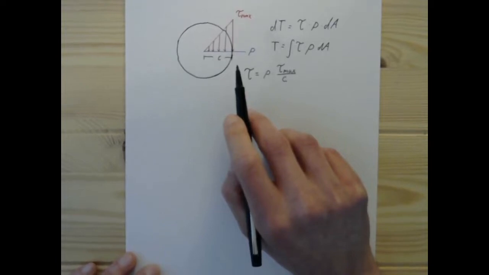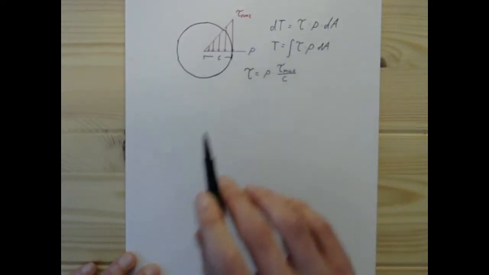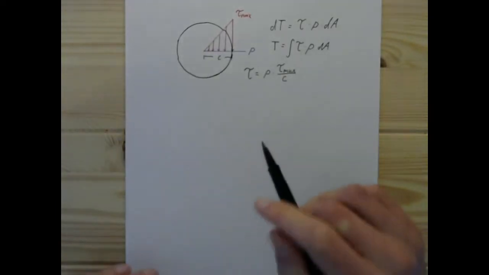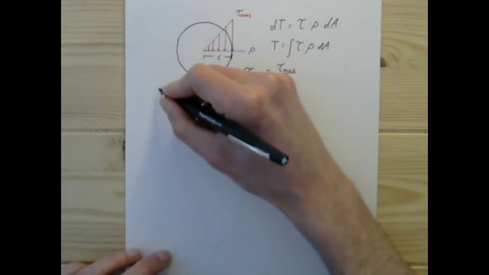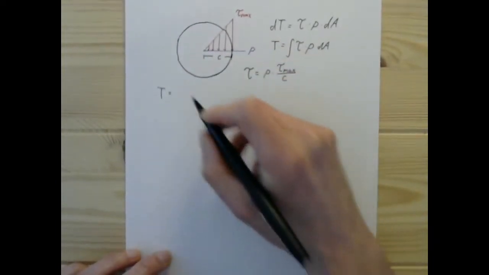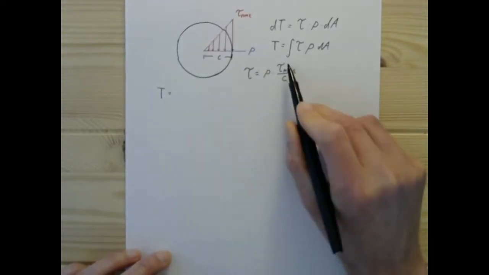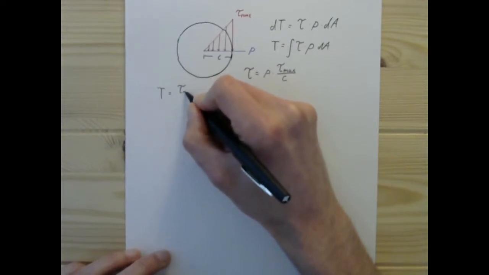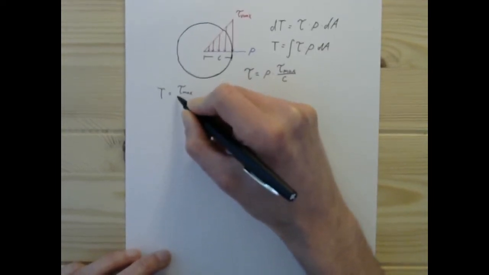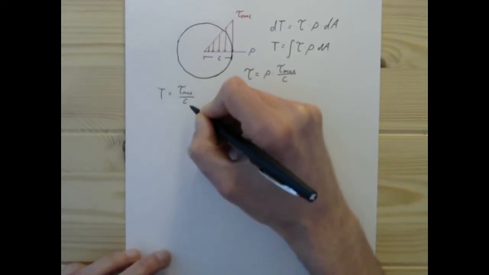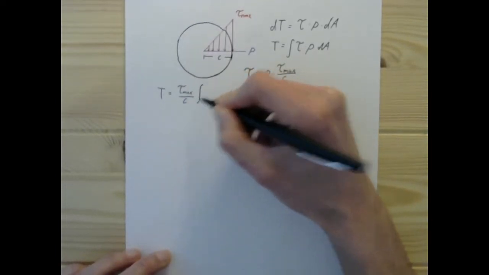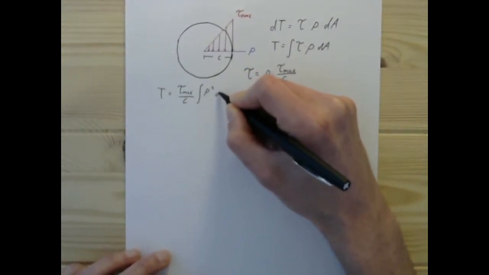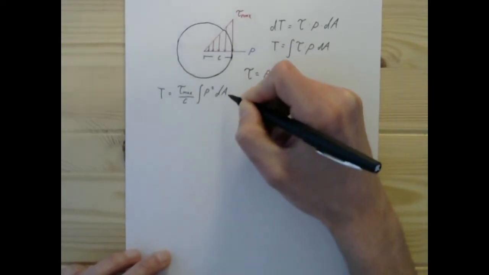So, if we pop that in, we end up with something a little bit more palatable looking: the torsion is equal to, let's put these constants on the outside, whatever the maximum shear stress is, divided by c, times the integral of rho squared over the full area.